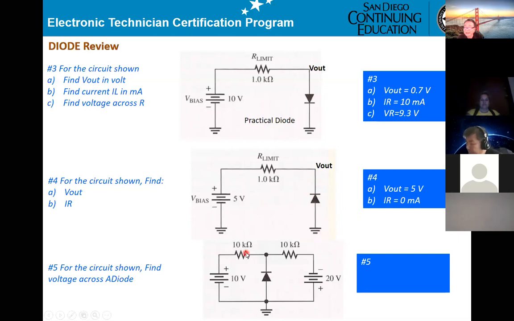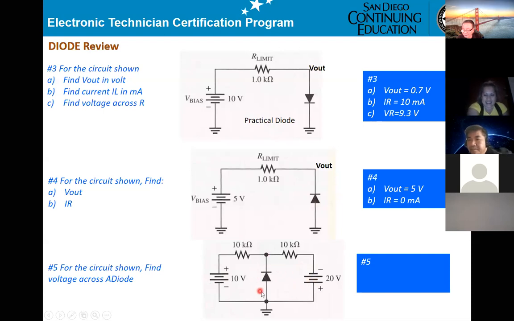Voltage across the diode, the voltage across here. If you want it, you have to use superposition. You short that source and keep this one. Then you short the 10 volt and keep the minus 20 volt.